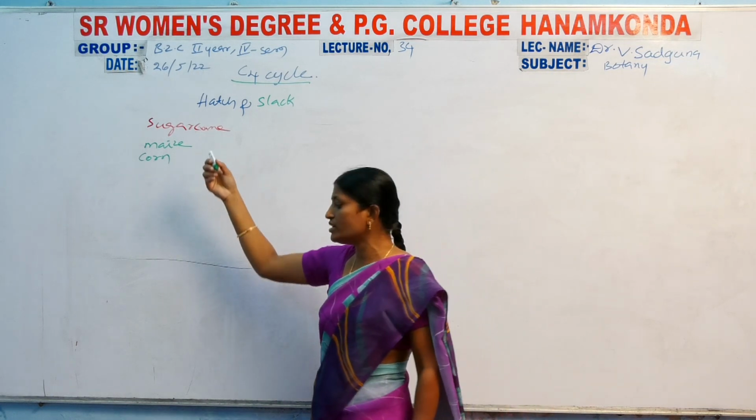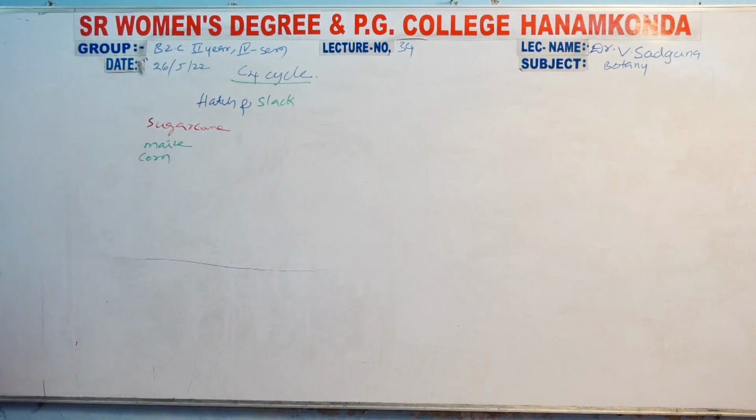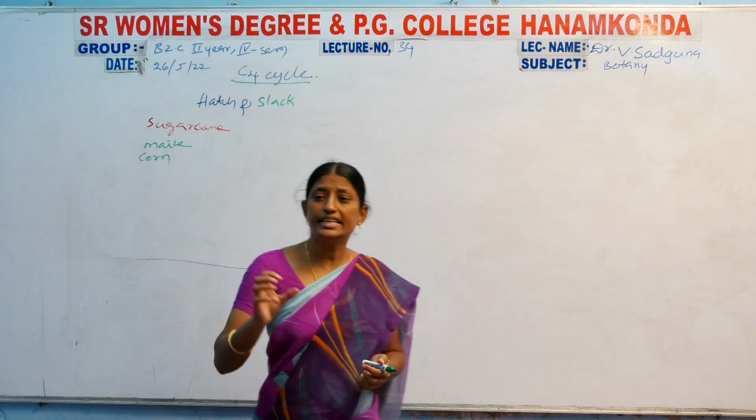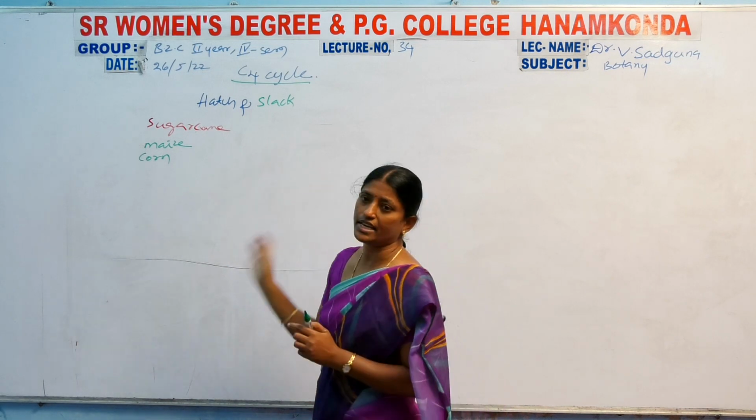Corn, maize, and different types of grass plants have only Kranz anatomy.